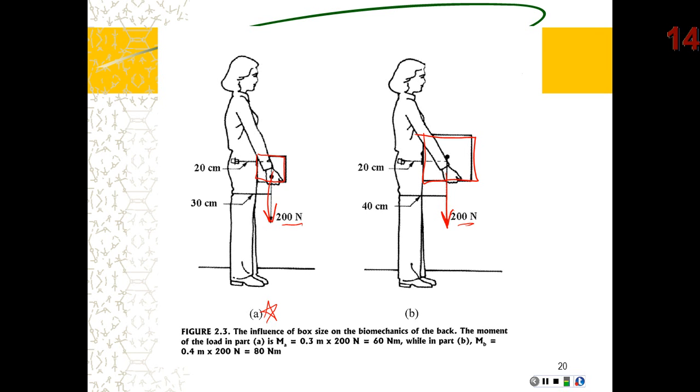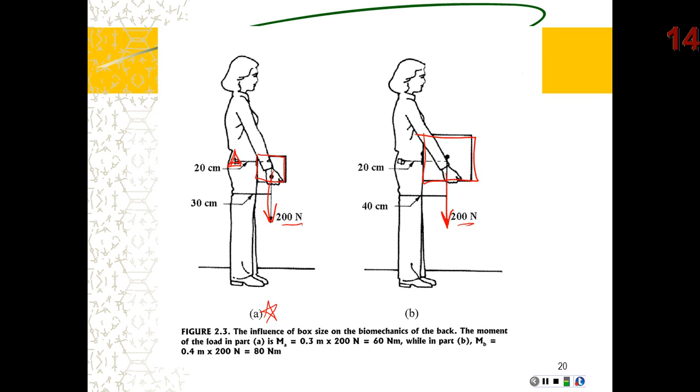In this case, we're looking at our lower back, and we usually use our L5-S1 joint, our fifth lumbar, first sacral vertebrae, the joint where those two meet. We usually use that as our center of rotation for our back. We're looking at what sort of rotation is caused by the small dense box as compared to the large box.